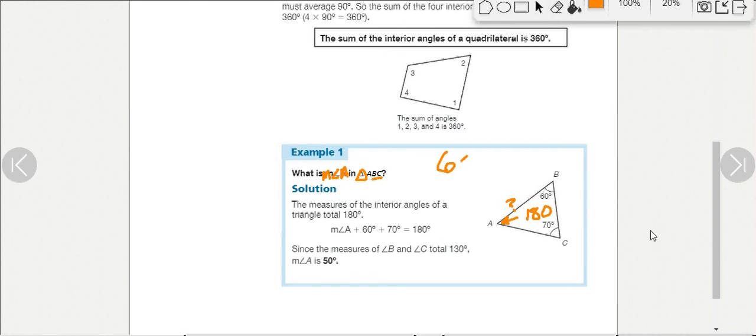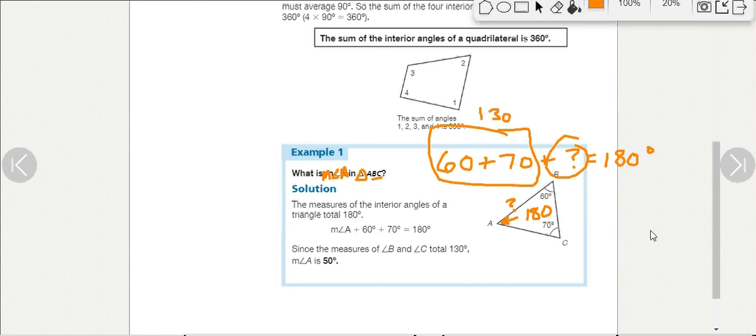If 60 plus 70 plus a missing number is 180, we learned, add up the 130 that you know, this amount is going to be 180 minus 130. Missing number problem.